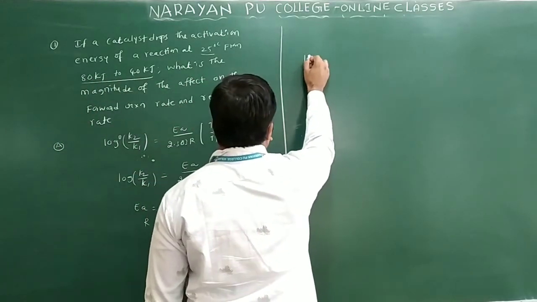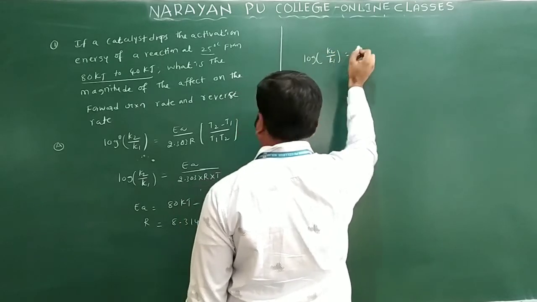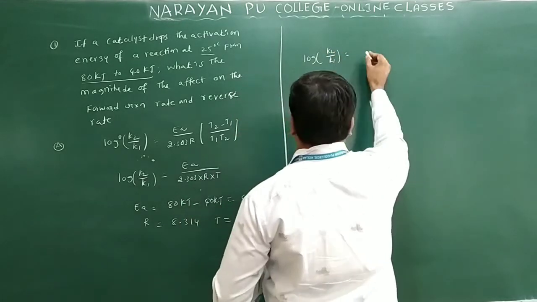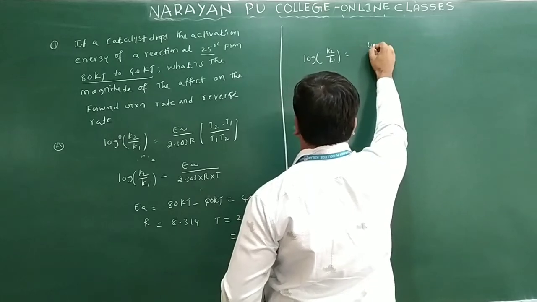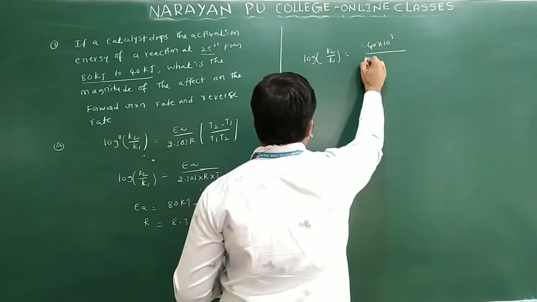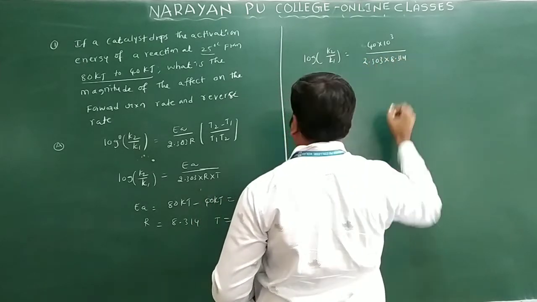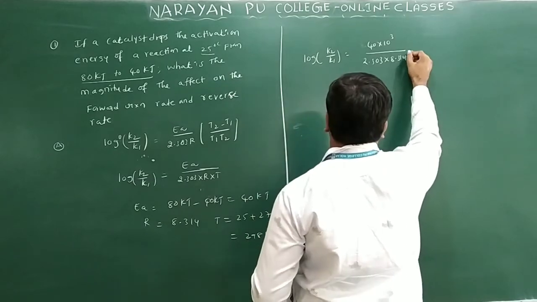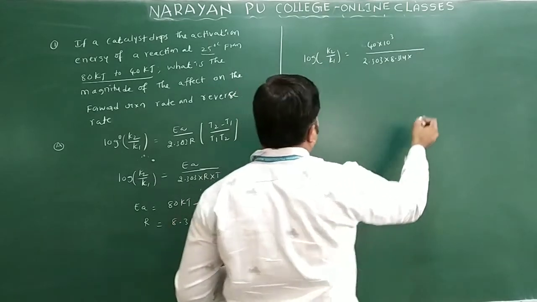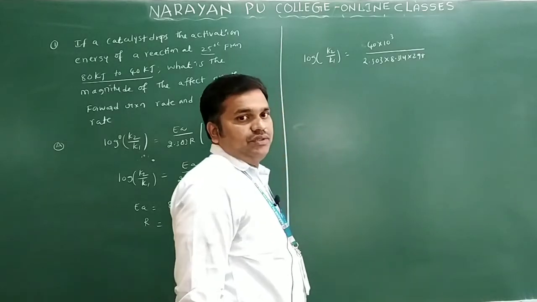Let us substitute the values in the formula. Log K2 by K1 is equal to the activation energy, 40 into 10 cube, by 2.303 into 8.314 into the temperature, 298 Kelvin.